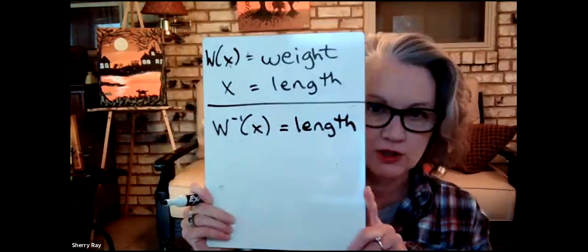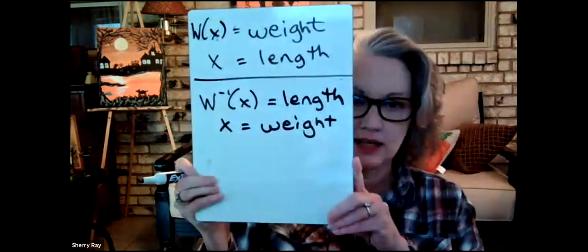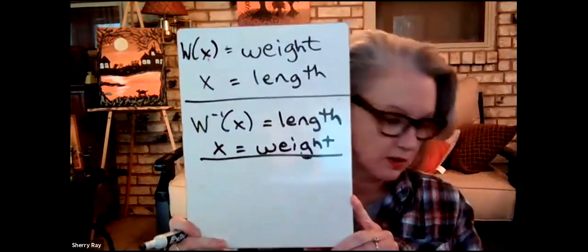So for my inverse function, my length is the y value, but now my weight is what I put in to my inverse function. That's my x coordinate. So I'm going to go back to my problem here and answer the questions.